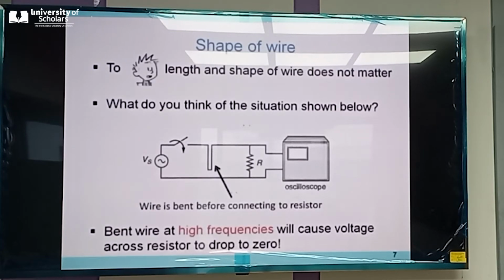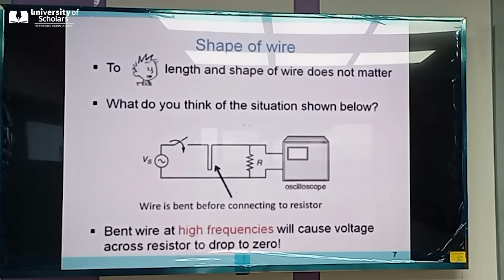The source voltage should be dissipated across the resistor for the circuit person. If it is a sinusoidal waveform, you would expect a sinusoidal waveform on the oscilloscope as well.